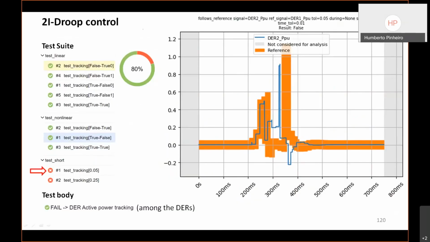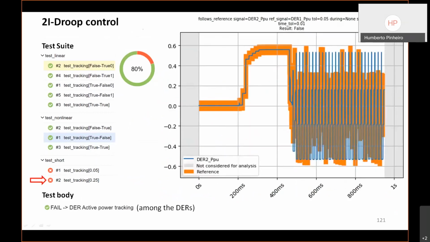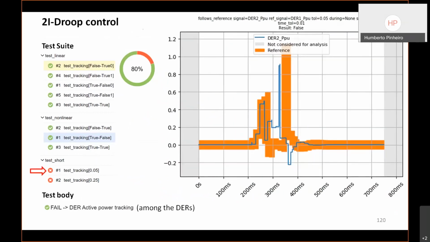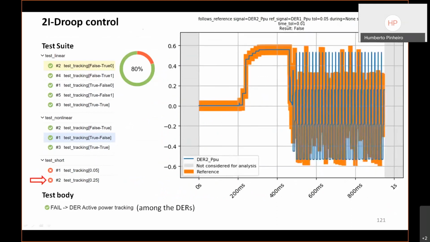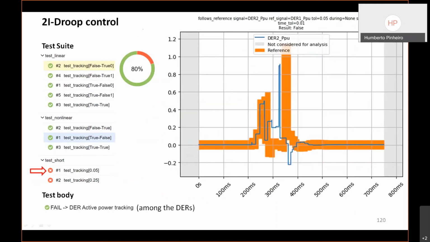So I'm going to move to the important point, that is the short circuit. The short circuit was the toughest test to be passed. What happened is that power sharing was the cause of the failure during the short circuit and after clearing the short circuit.